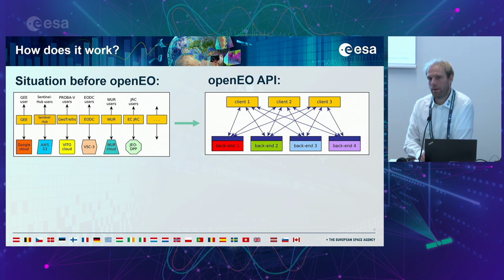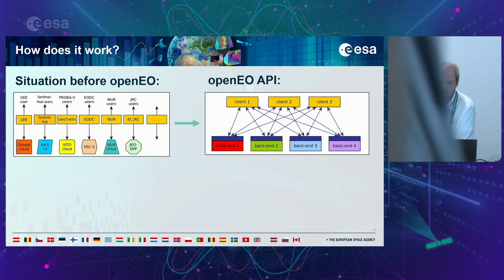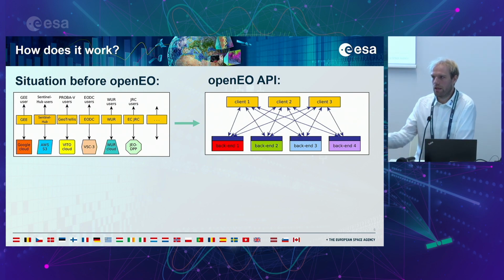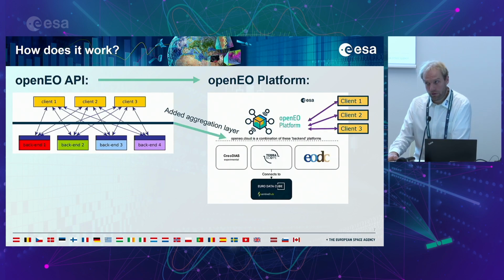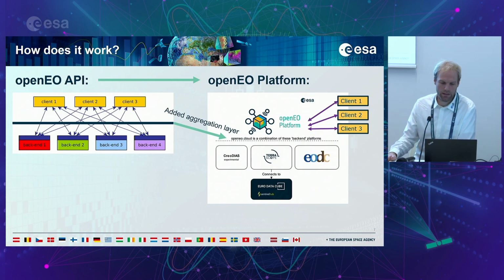And the OpenEO API solved this issue, so you could then, with this Horizon 2020 project that has been finalized around 2.5 years ago, you could then just send your specified Earth observation code to the backend, and it resolved it for you. What OpenEO platform did was basically add in another aggregation layer called the aggregator, and now you don't even need to look for the cloud deployment.